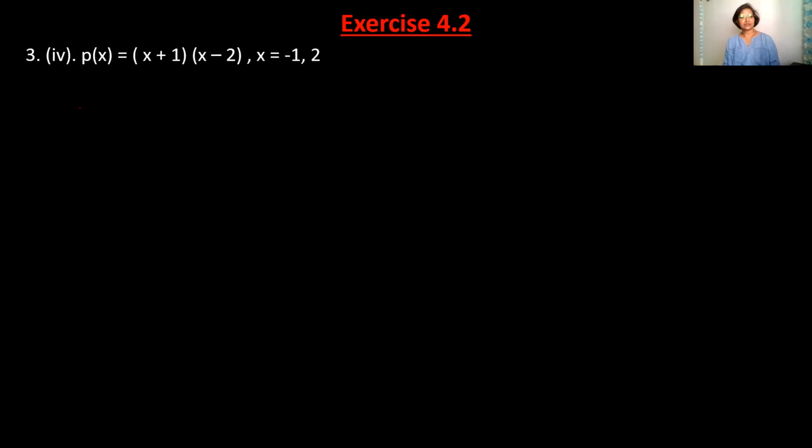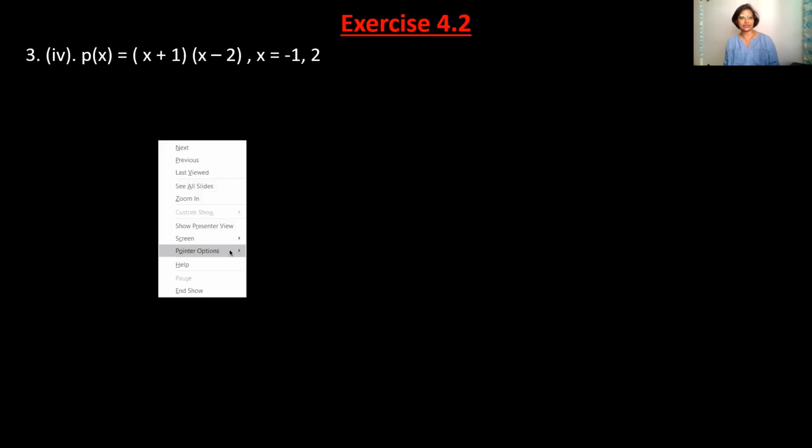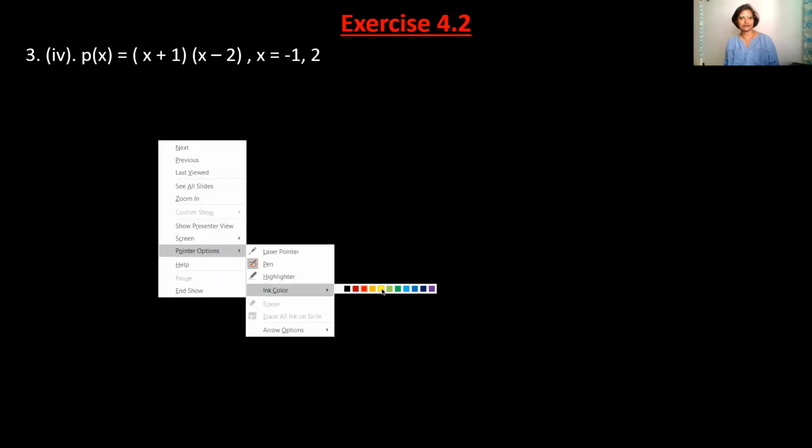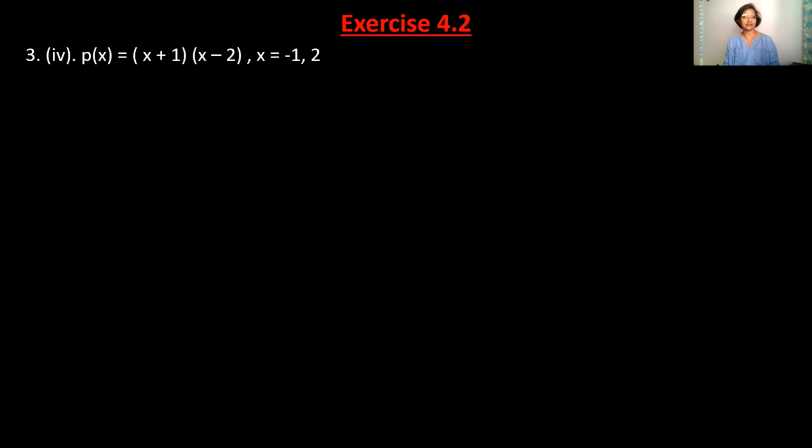Fourth part is P(x) equals x plus 1 into x minus 2, where x equals minus 1 and 2. So 1 by 1 we will replace here. Replacing x by minus 1, let's see what happens.